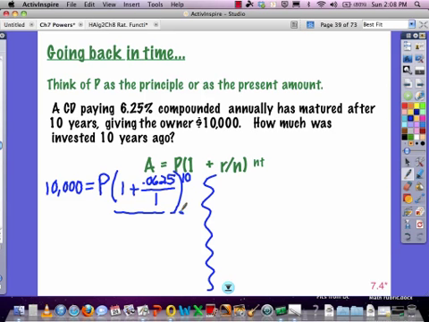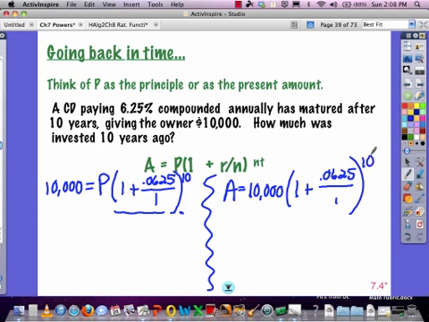Think of P as that current present amount. So we're going to go A equals that 10,000, which is our current amount of money that has been invested, times 1 plus R, the rate, 0.0625. Annually, it's 1 to the power of 1 times 10.